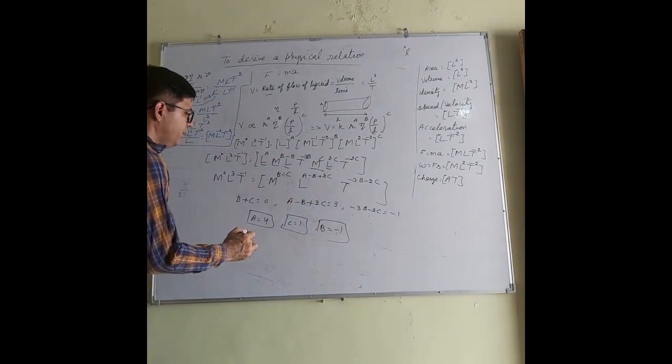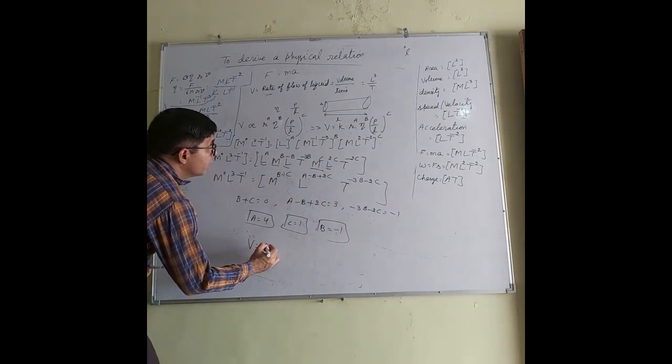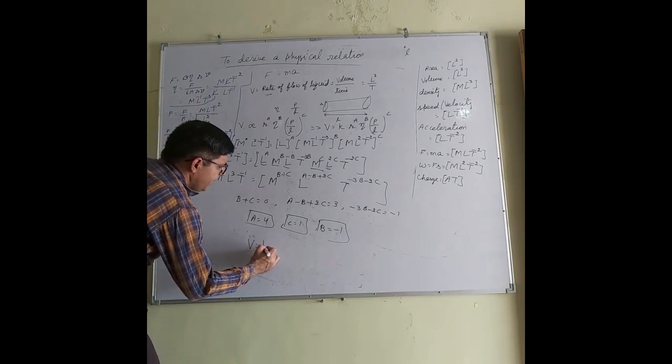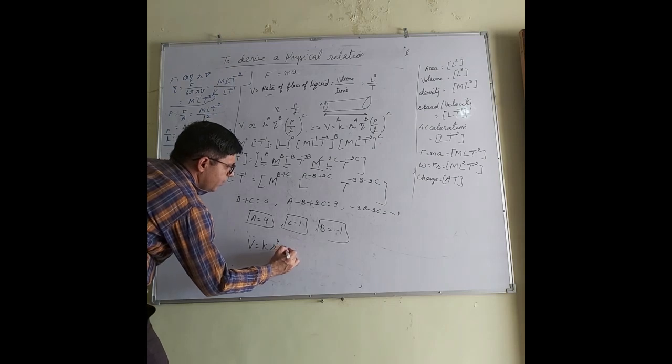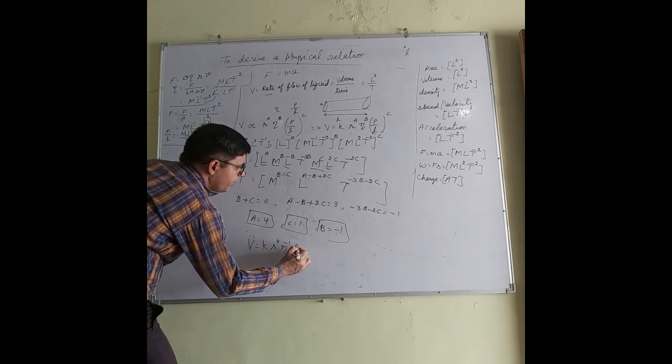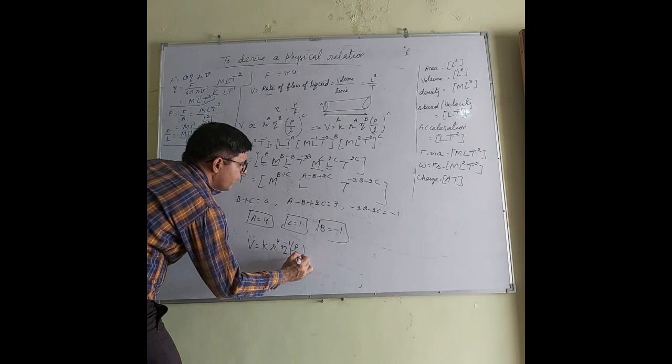Put it in this expression. So you will get V equals K R to the power 4 eta to the power minus 1 and P by L to the power 1.